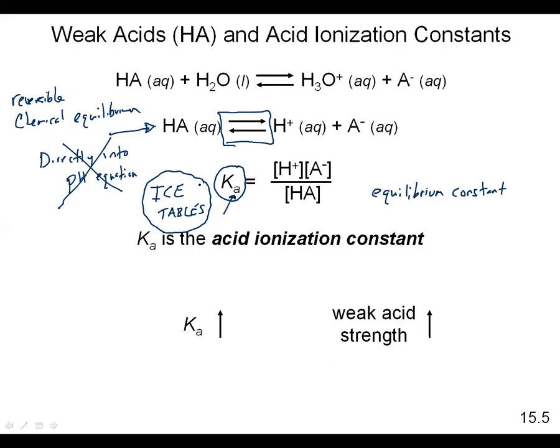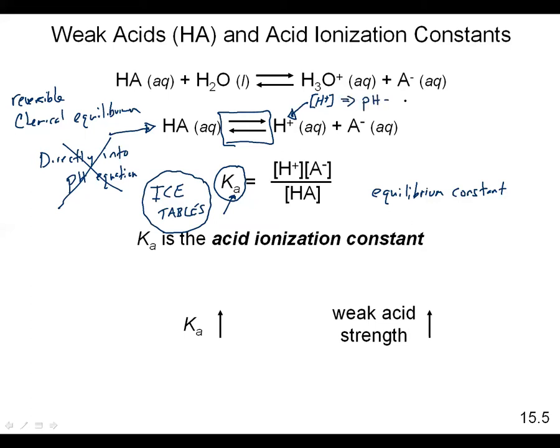When you do this, usually with a weak acid or later with a weak base, but definitely with a weak acid, really the only thing you're interested in is, at the end, the concentration of your H plus. And that is because once you determine your concentration of H plus, you will then be able to go into your pH equation.